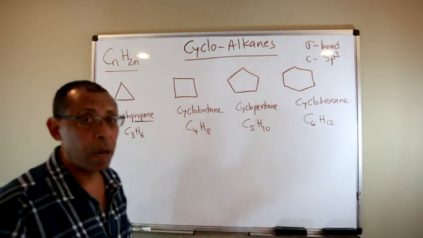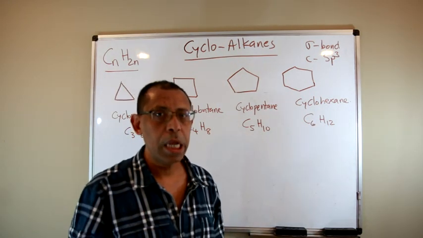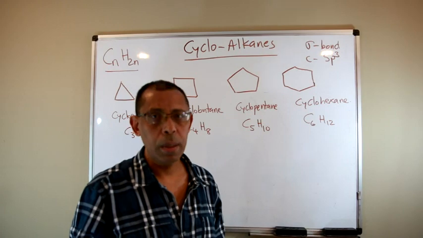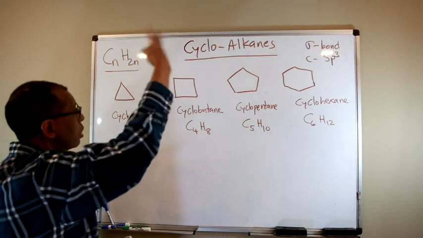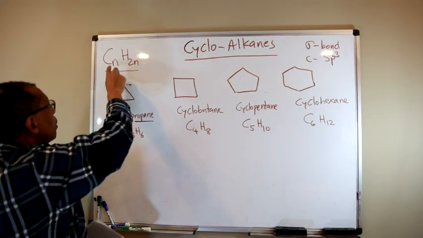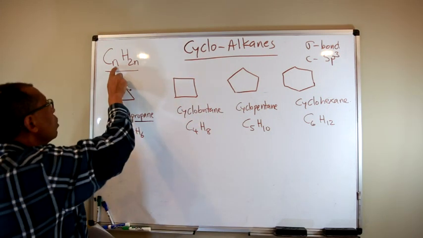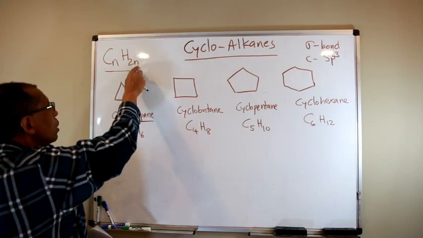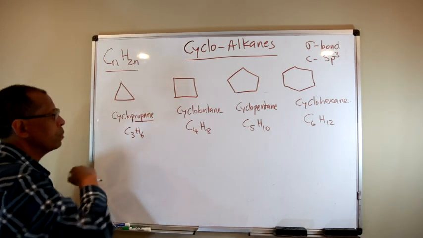So the general formula for cycloalkanes is CnH2n. Remember, for alkanes, the straight chain, the open ones, we had plus 2 here. But for cycloalkanes, for example, if you have 3 carbons, 2 times 3 is 6, so there are 6 hydrogens.